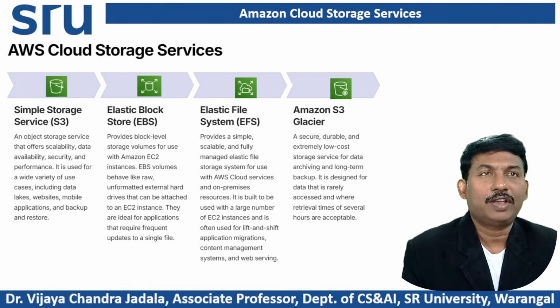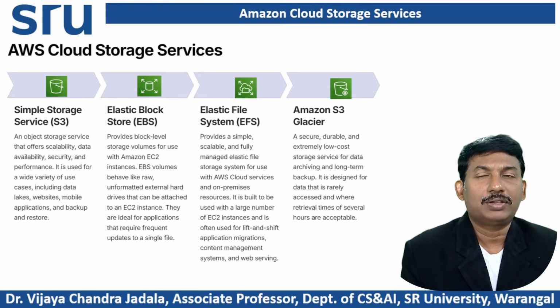Then comes EFS, Elastic File Storage, which provides a simple, scalable, fully managed elastic file storage system that is used with AWS cloud services and on-premises resources. It is built to be used with a large number of EC2 instances, for lift and shift application migrations, content management and web services.